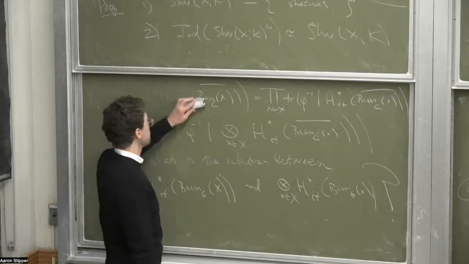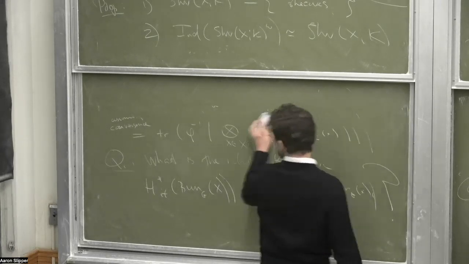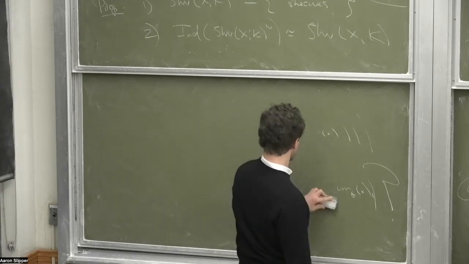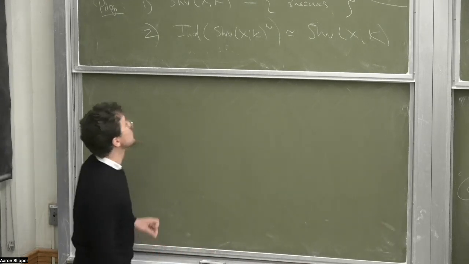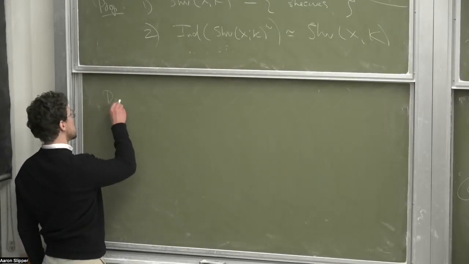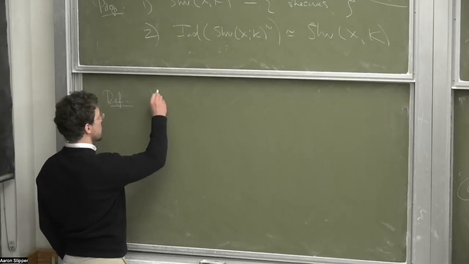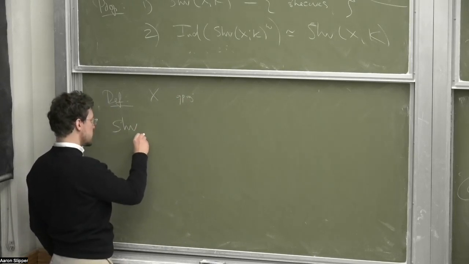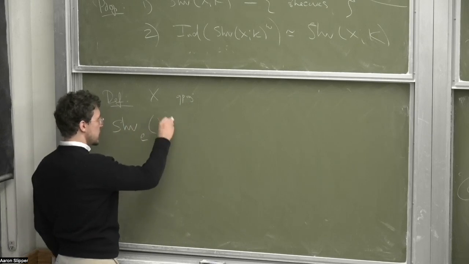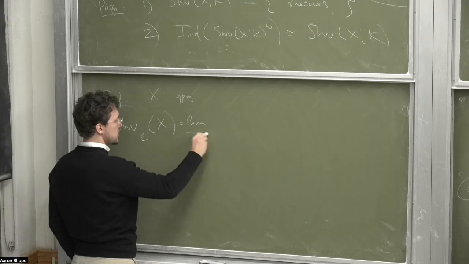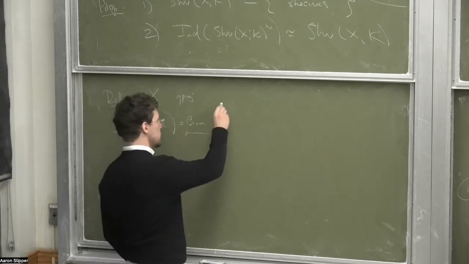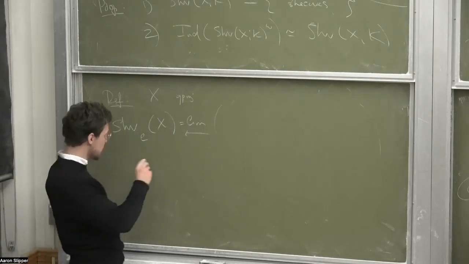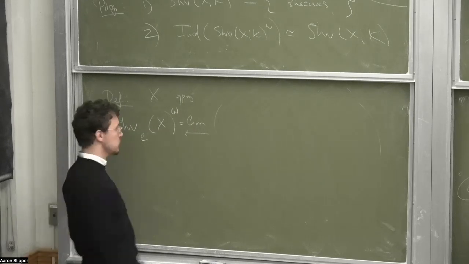So I'm going to go to the l-adic case right away. Definition, for X projective, l-adic sheaves Shv_l-adic(X) is going to be an inverse limit of the following. Let me say compact objects first.